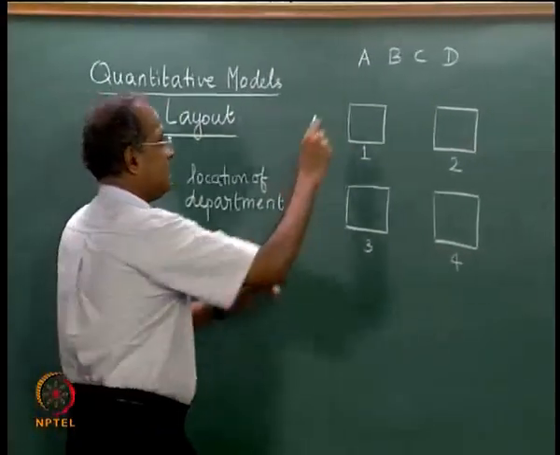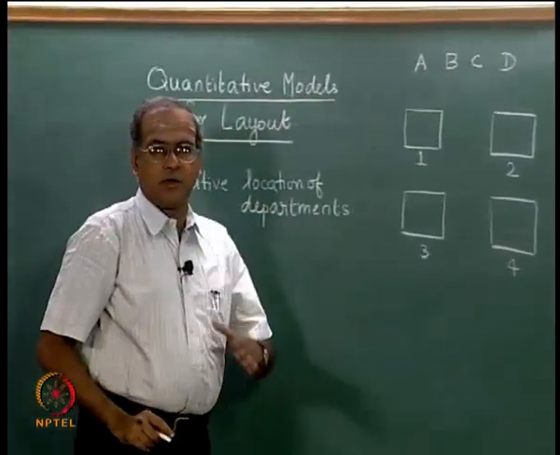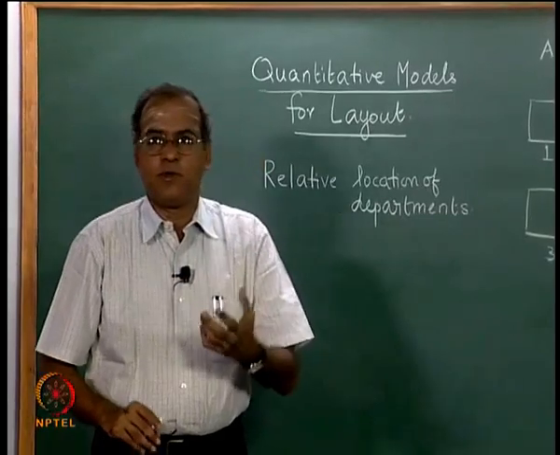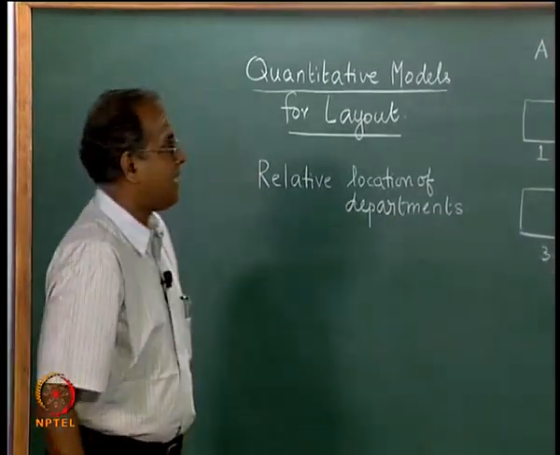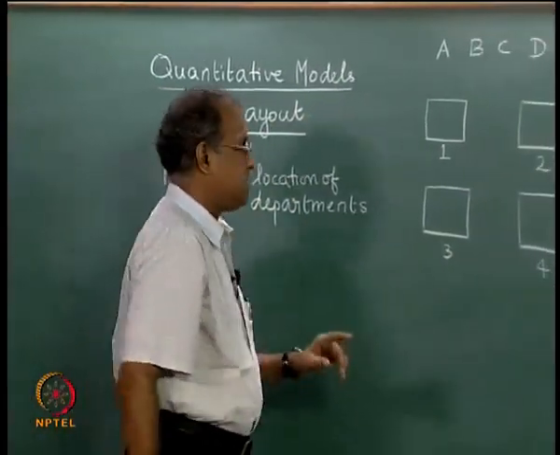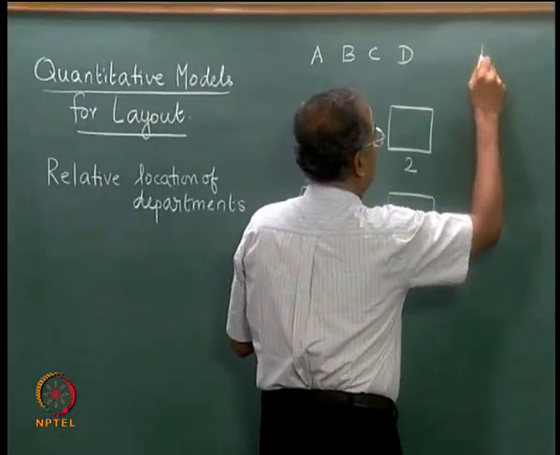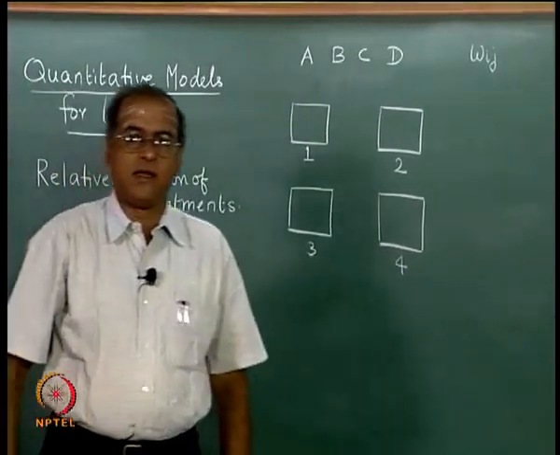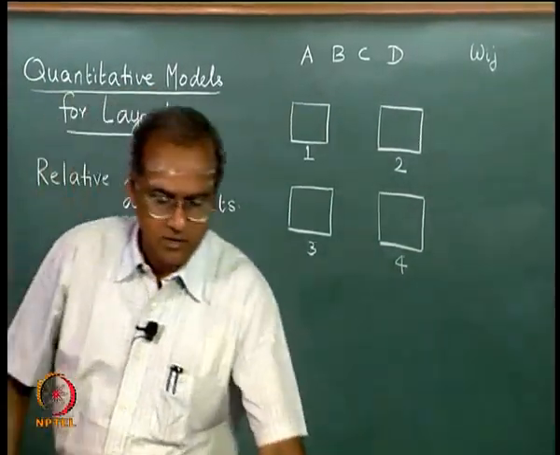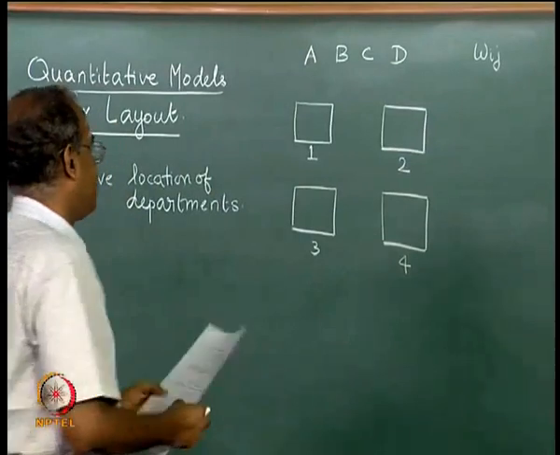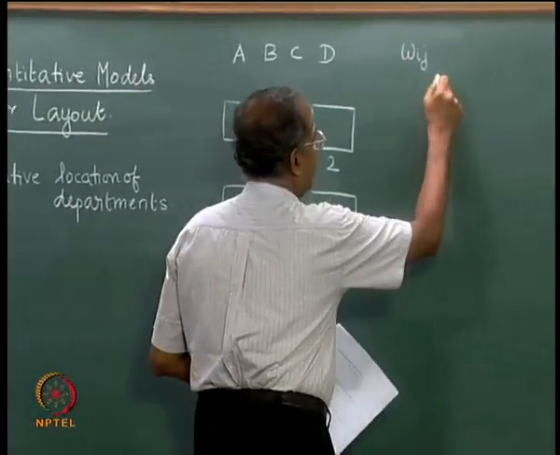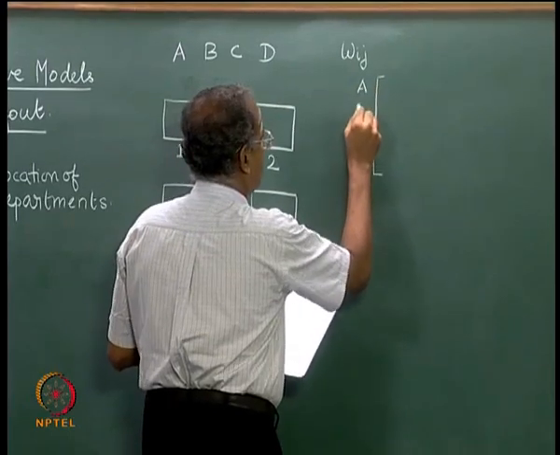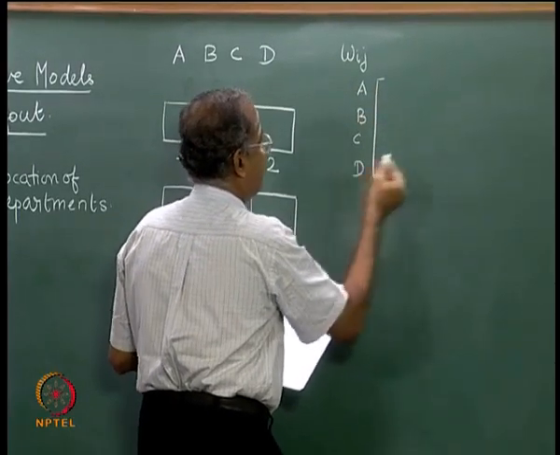Among these 4 departments, there is going to be some material movement or people movement, which we call Wij, where Wij is the amount of movement from i to j, and let us describe a Wij matrix between A, B, C and D.